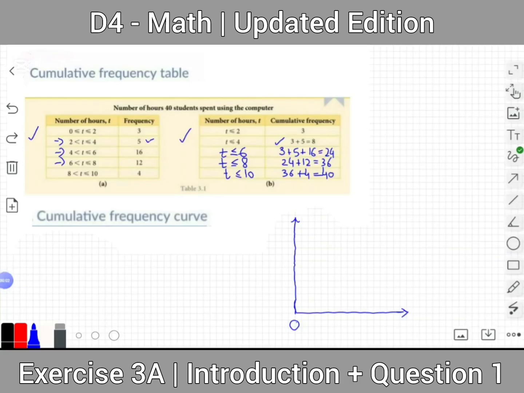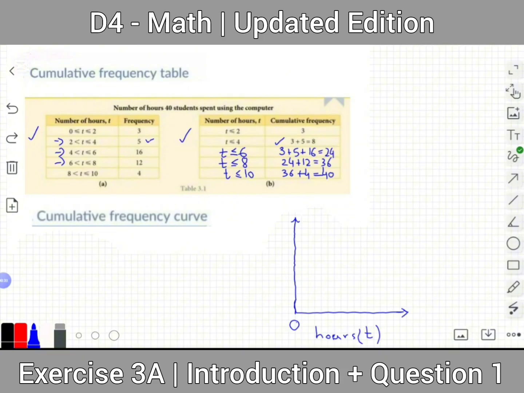We can use this table to draw a cumulative frequency curve. Let's take some axes, and we are going to put the hours spent on the x-axis. So they need to go from 0 to 10. So on the x-axis, we will put hours, time.